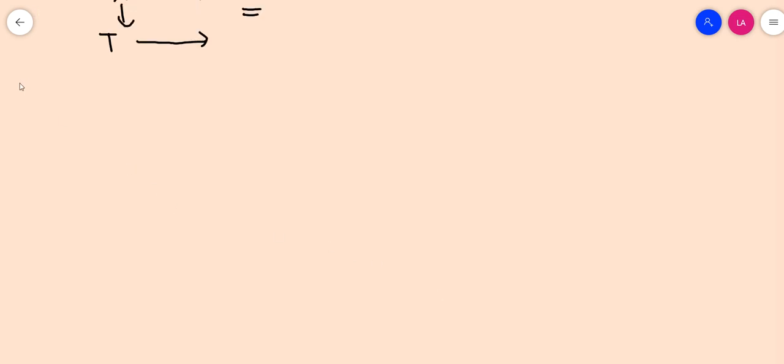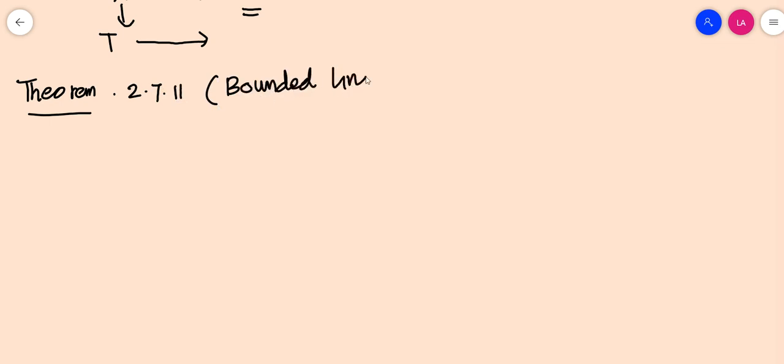So the theorem is Theorem 2.7.11, which is the bounded linear extension. We are trying to extend a linear function onto its superset without losing any of its properties.